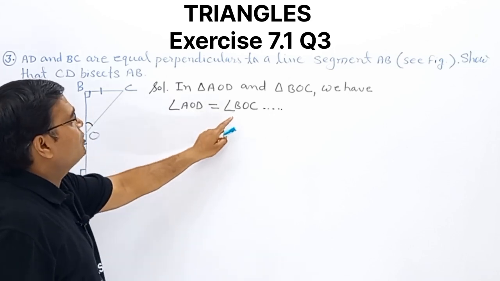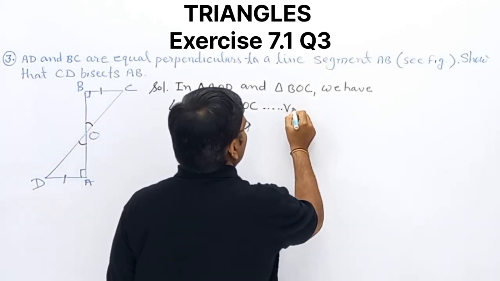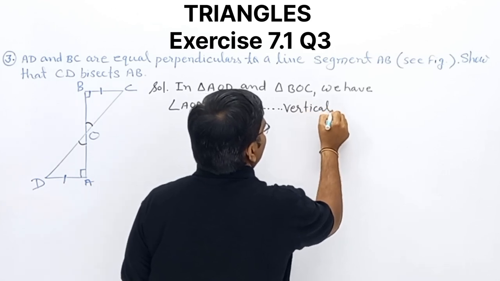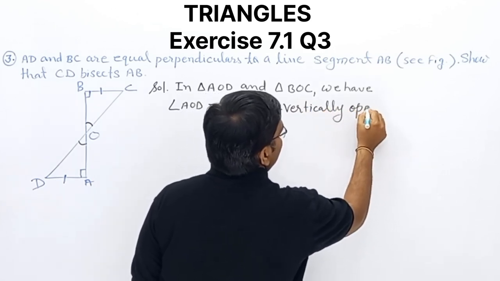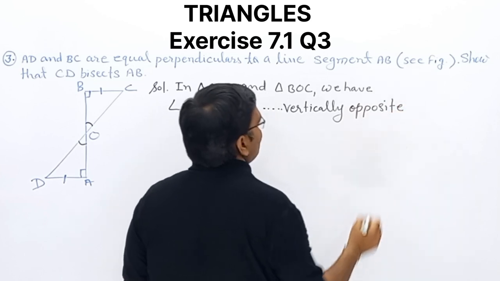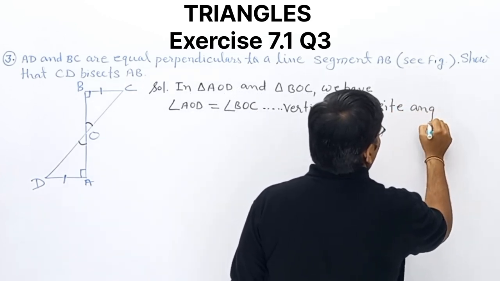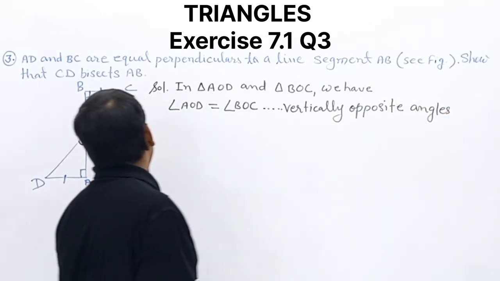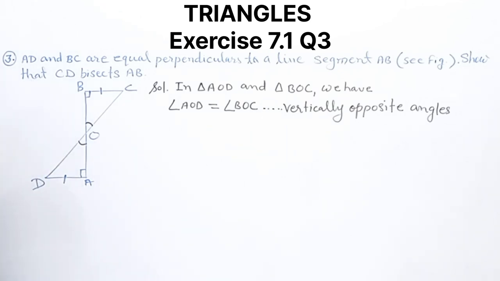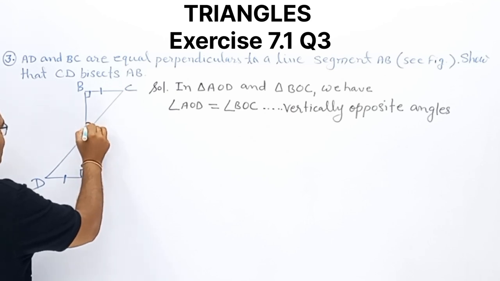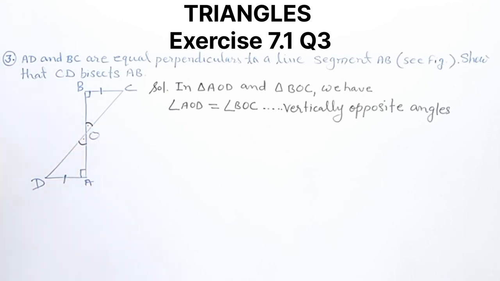So these two are vertically opposite angles. By observing these two triangles, this angle is equal to this one. Why? Because two intersecting lines have vertically opposite angles that are equal. Clear?